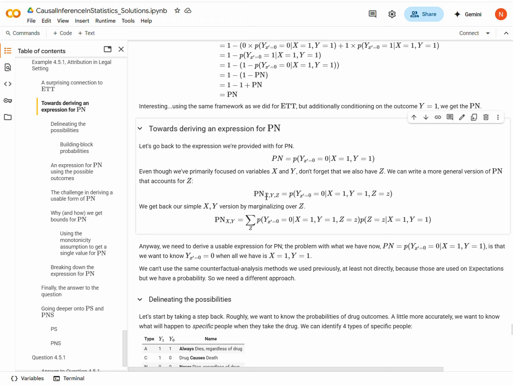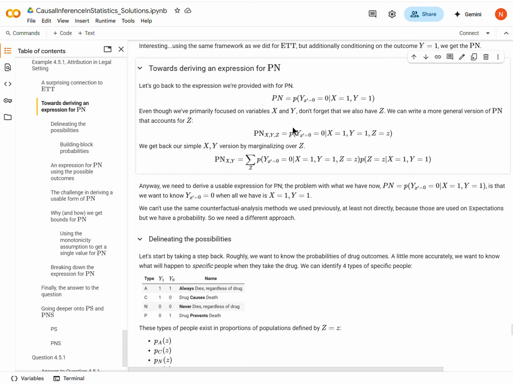Then if we want to consider all health statuses, we can just marginalize over Z. So we get back the initial expression by taking our probability of necessity that includes Z, and then marginalizing over Z as such. Again, we're just putting this on the table because it may be useful later.